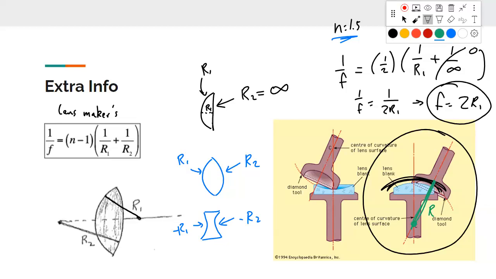So if this were the left side of the lens, then this would be R1, the distance from this point to this point. That's what the radius of curvature means: what radius would you have to fix a piece of sandpaper at if you wanted to carve it down to that level of curvature. Does that make sense?